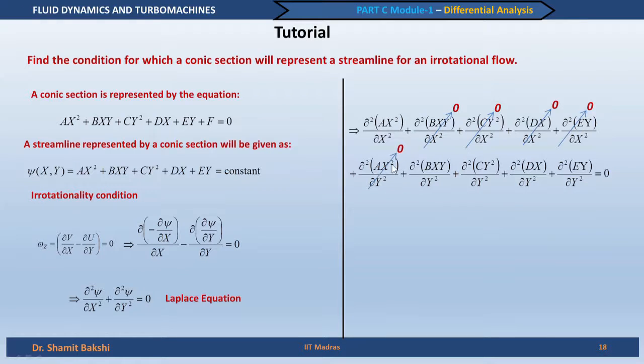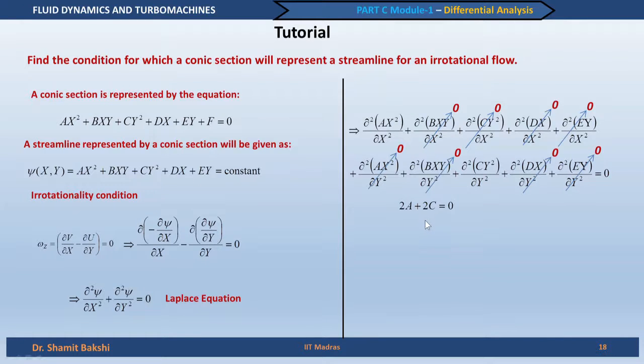Del y2 of x2 will also disappear, and this one will also disappear, because this is y to the power 1 and we are taking a double derivative. And this term is a function of x and we are taking double derivative with respect to y, so it will disappear. Finally, we are left with these two terms, which give us 2a plus 2c is equal to 0. So this is the condition which it has to satisfy.